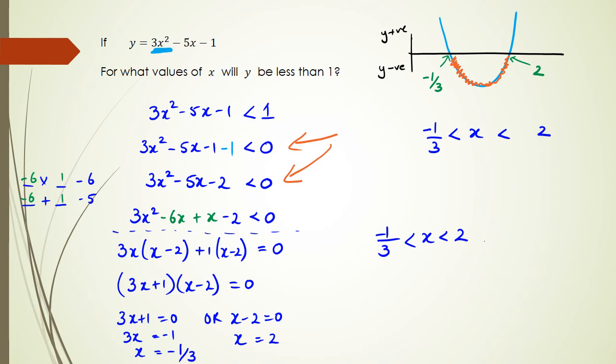I can write a statement if you want: between negative 1/3 and positive 2, 3x squared minus 5x minus 1 will be less than 1, or something along those lines.